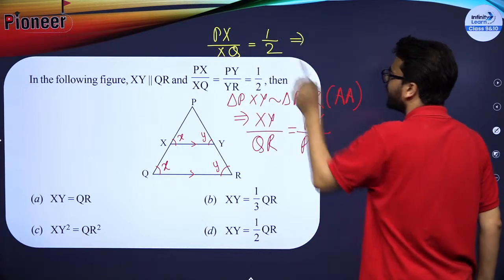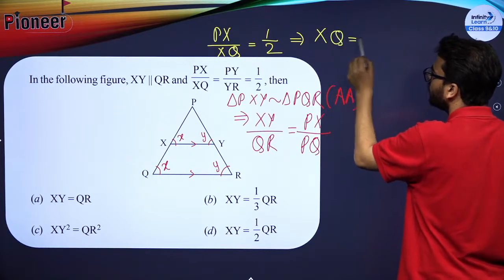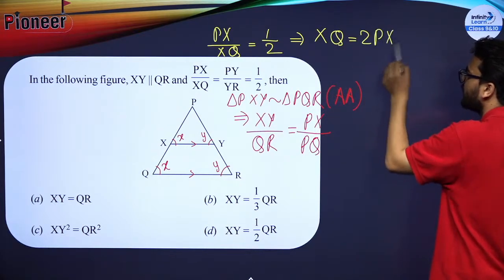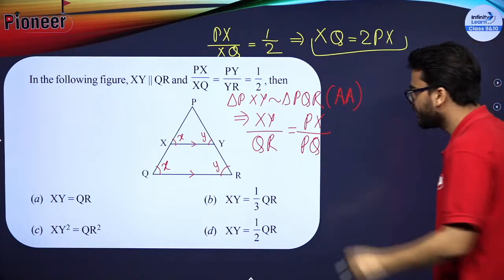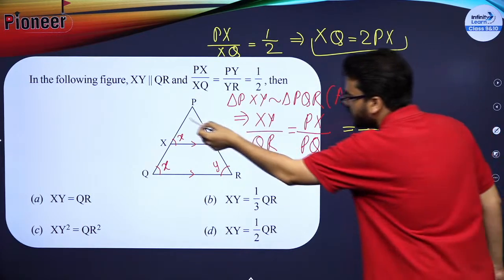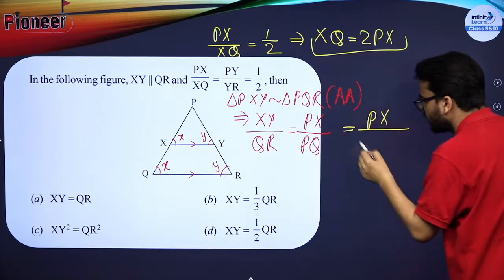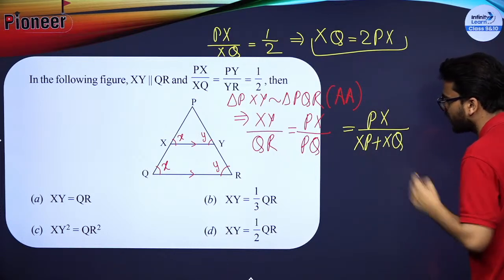So from here, can I not say that XQ is equal to 2PX? If I cross multiply that, XQ is equal to 2PX. I can say that very easily. So PX upon PQ is what, guys? PX plus XQ, or not? I can write XP plus XQ, or not, guys? Do you agree with me?